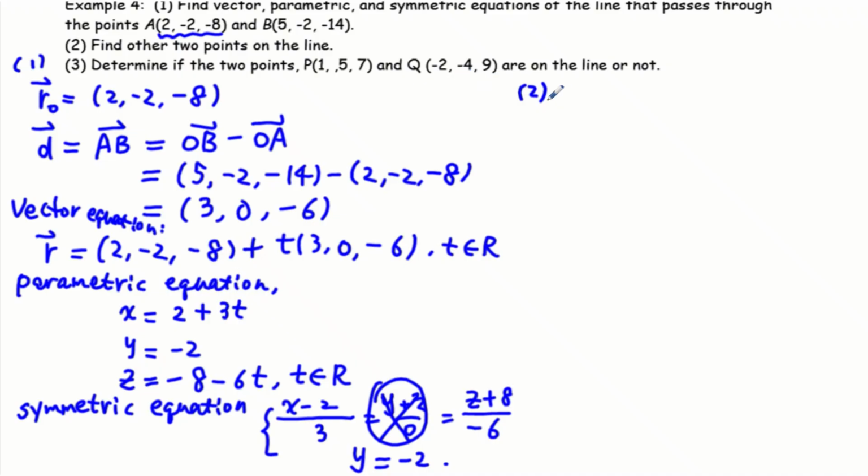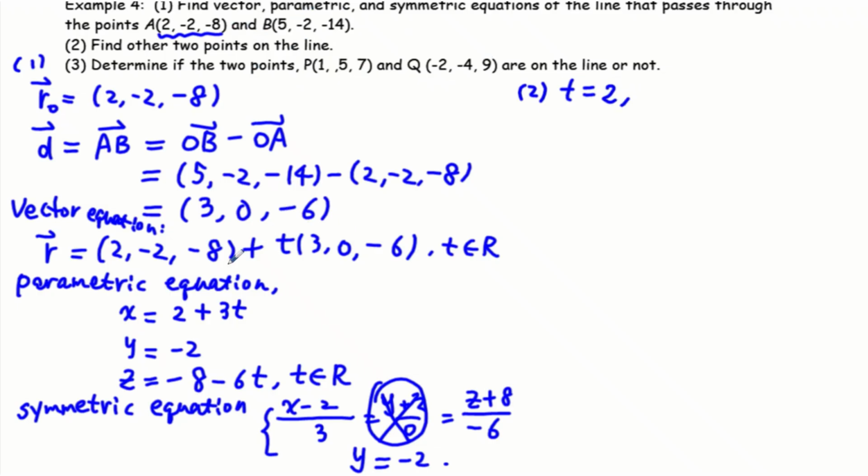The vector equation may be good. Be careful, we don't want to have the same points. t equals 0 gives us the first point, and t equals 1 gives us the second point. So we don't want to use t equals 0 and 1.